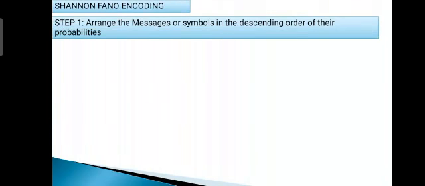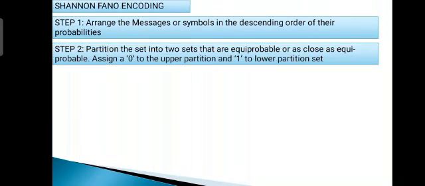So now we'll see the algorithm employed in Shannon Fano encoding. Step 1. Arrange the messages or symbols in the decreasing order of their probabilities. Step 2. Partition the entire set of probabilities into two sets that are equiprobable or as close as equiprobable.